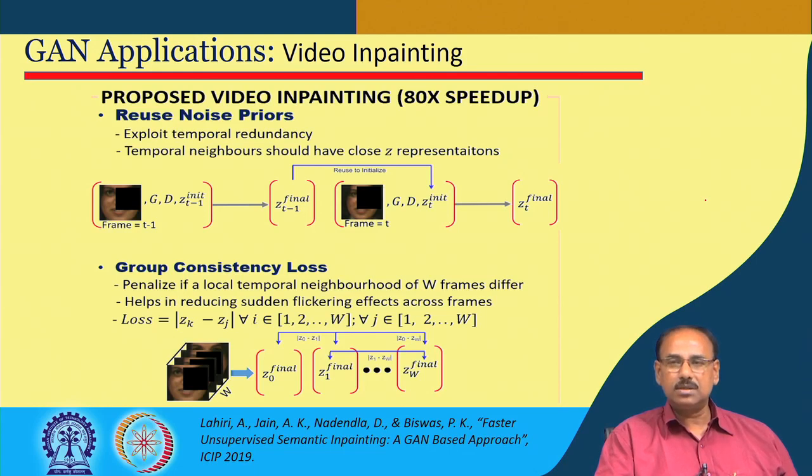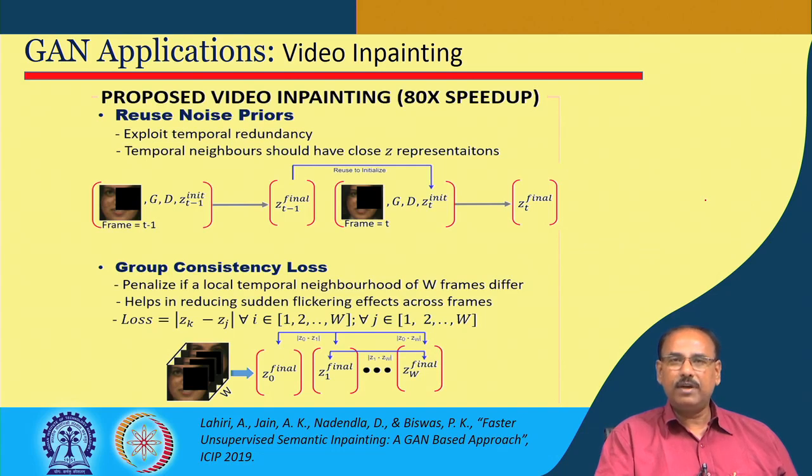So, what we have done is we have grouped those frames into groups of frames, and we have tried to do the inpainting for every group of frames. The first frame of every group was inpainted using the same concept as we applied in case of images, and that particular z vector that you get is applied for inpainting of all the frames in the same group.